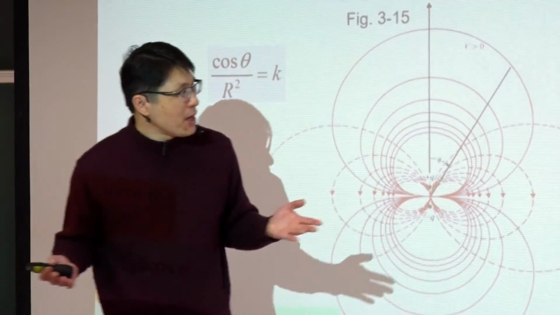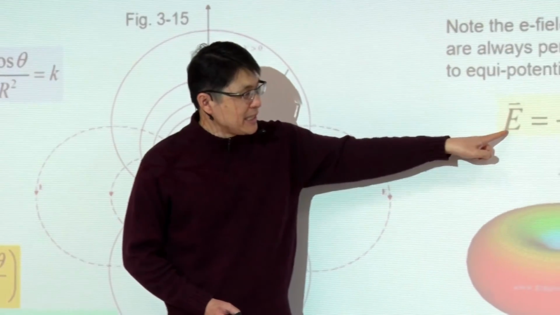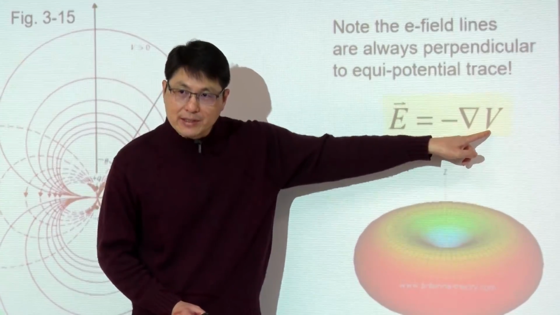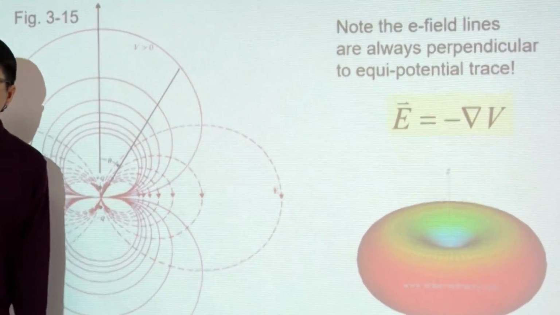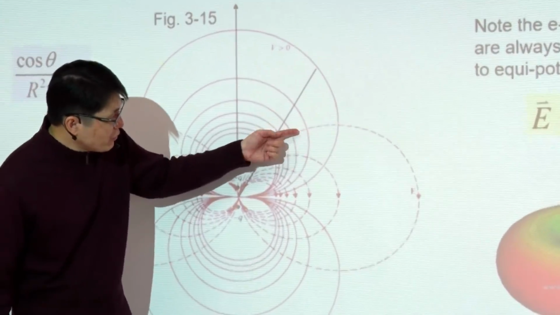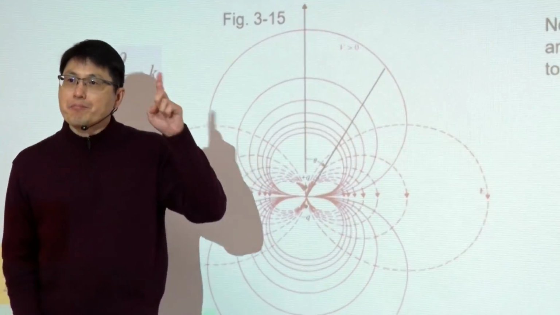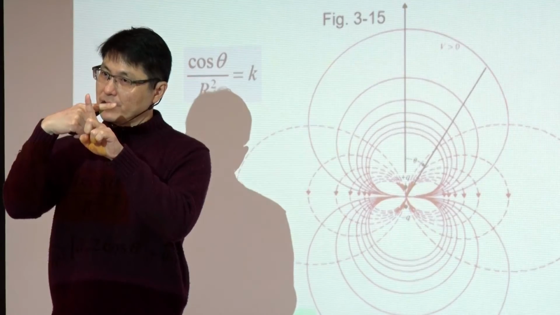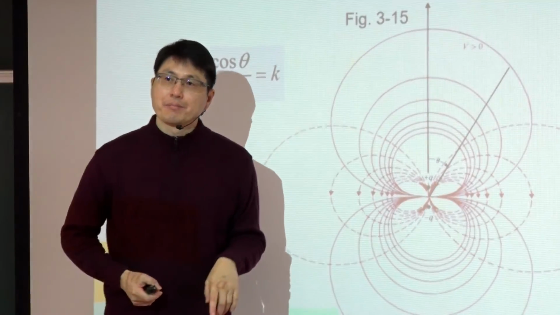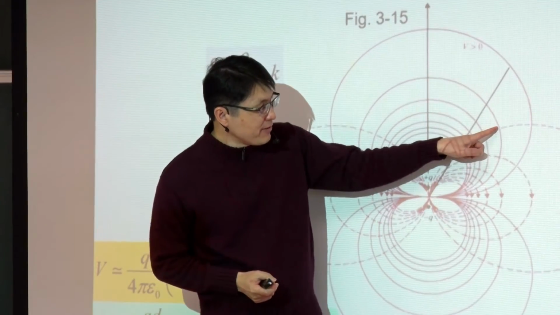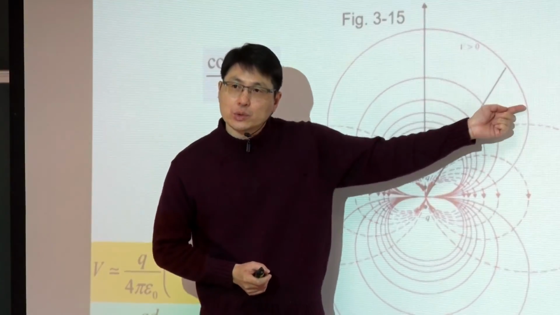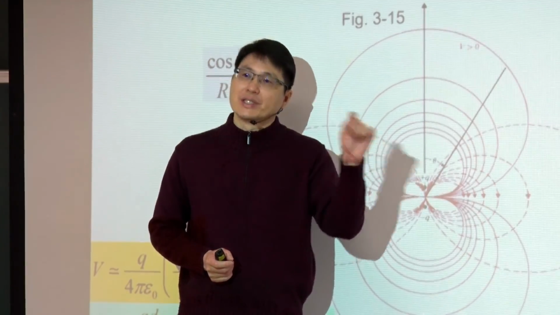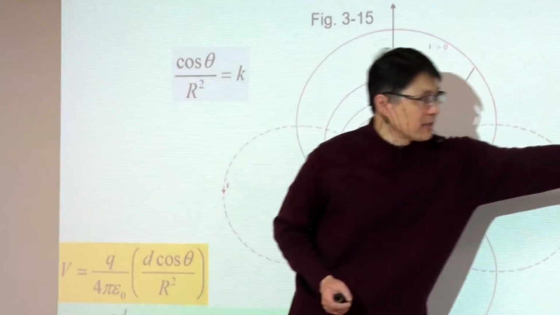Why? Come on, because it's by definition. Because E field intensity is defined as the gradient of V. Right? So everywhere, your E field line must be pointing perpendicular to your electric potential. But the direction has to be, the E field has to point into the direction where you have potential reduction because you have a negative sign.